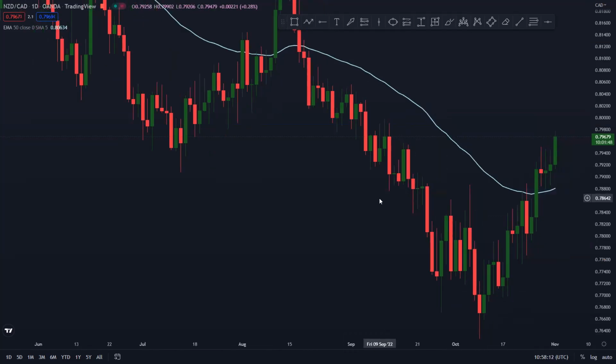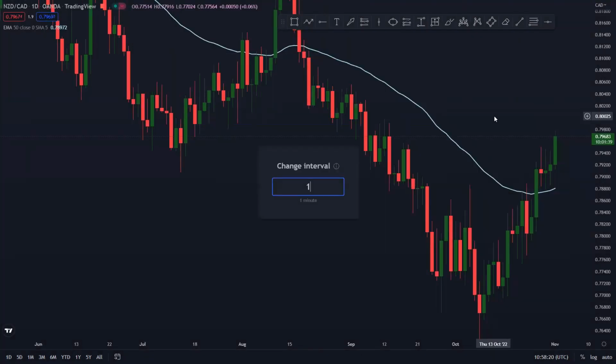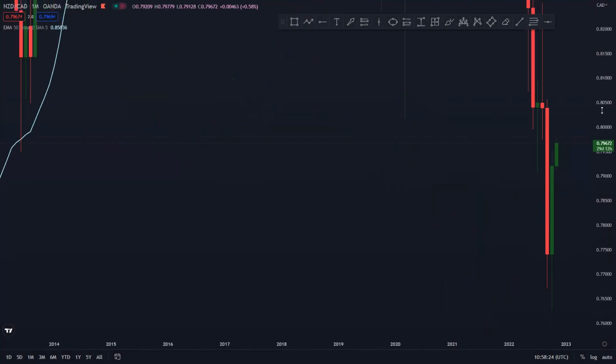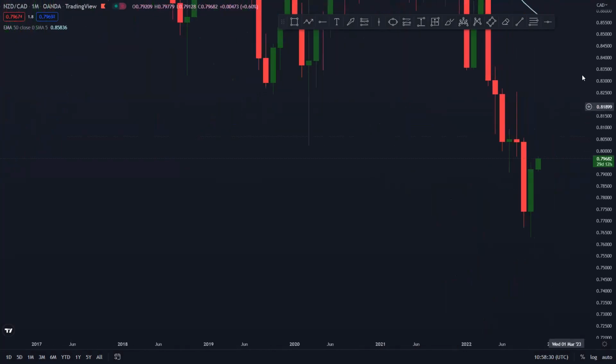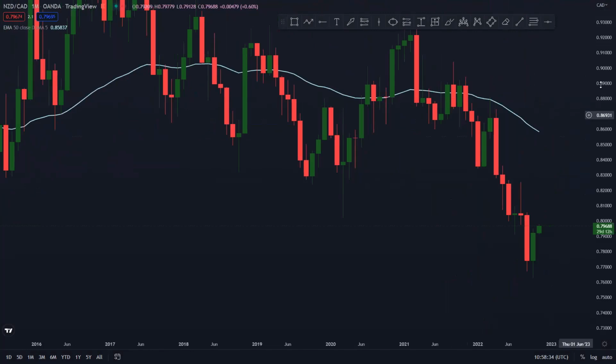I'll start off from the monthly time frame. Clearly, we're very bearish on the monthly time frame.